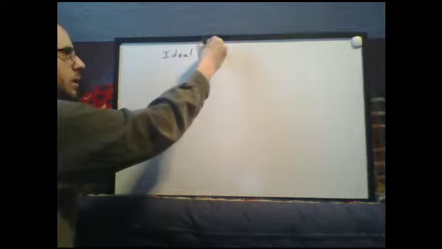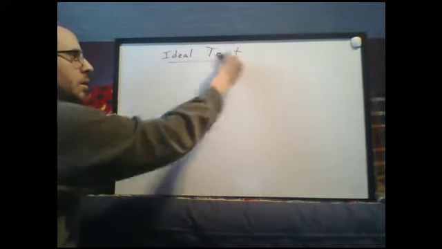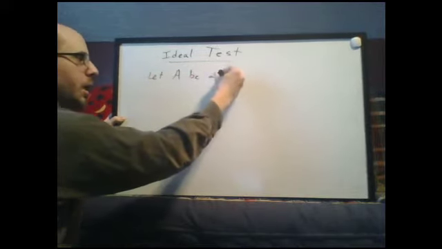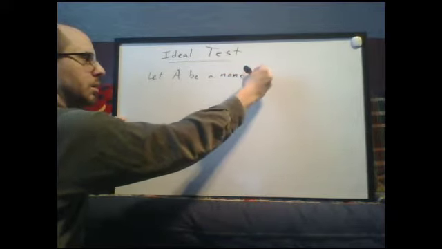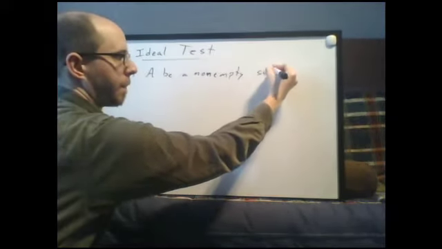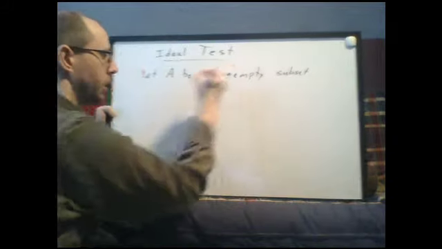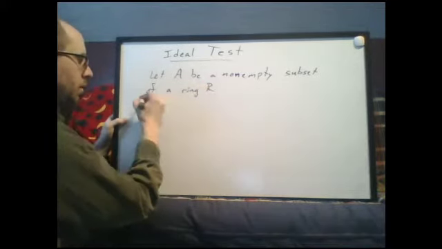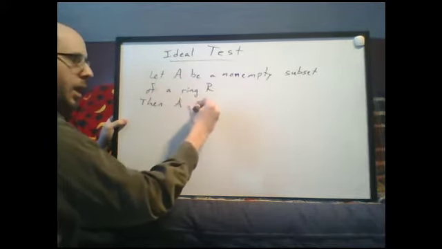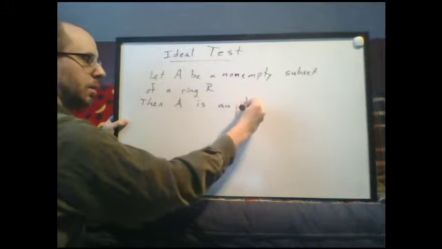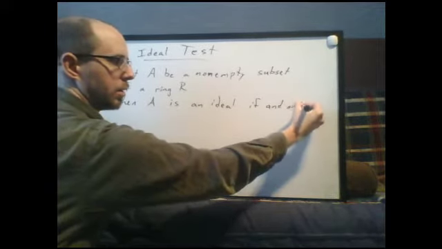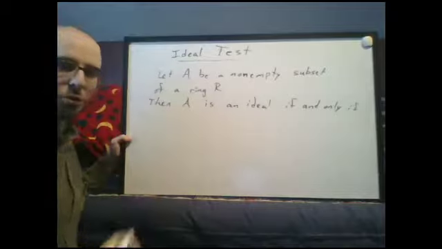So this is the ideal test. Let A be a non-empty subset of a ring R. Then A is an ideal if and only if we have two things that we have to check.